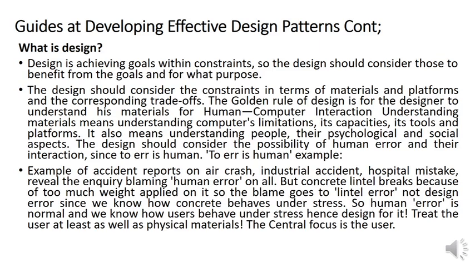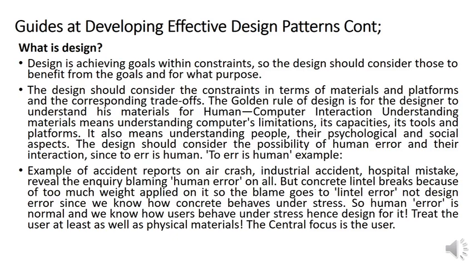What is design? This is the first question that a designer must familiarize himself with. Design is achieving goals within constraints. So, design should consider who benefits from the goals and for what purpose.